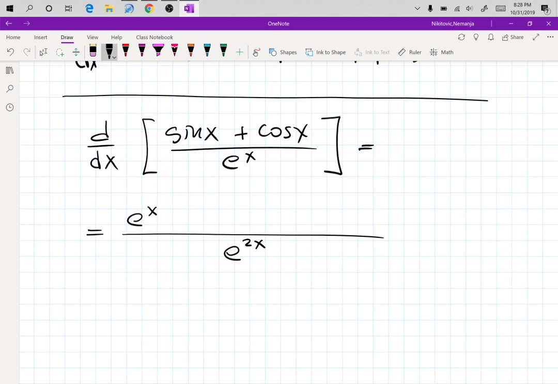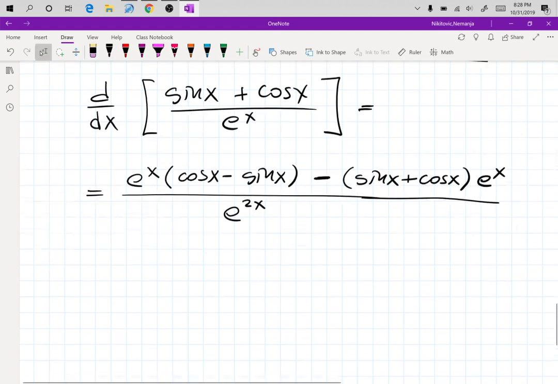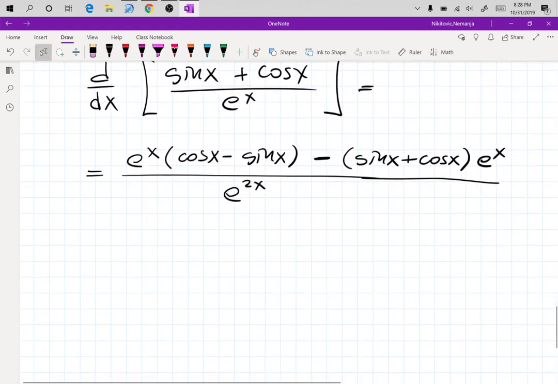Now we put e to the x times the derivative of the numerator. Derivative of the numerator is cosine x minus sine x. Minus, copy the numerator, which is sine x plus cosine x, and then derivative of the denominator is still e to the x.